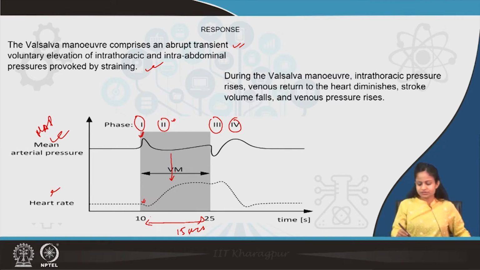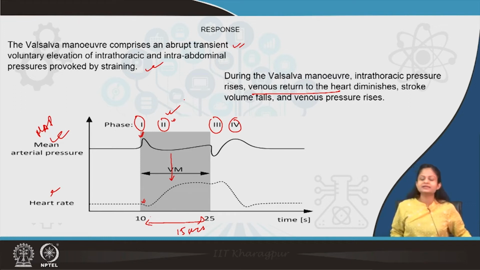This decreased venous return has led to a decrease in the stroke volume and the cardiac output, and hence the blood pressure decreases in phase 2. Now, in the later part of phase 2, there is a slight increase in the blood pressure. This slight increase is because of the baroreflex mechanisms, the baroreceptors sensing the change in the blood pressure.